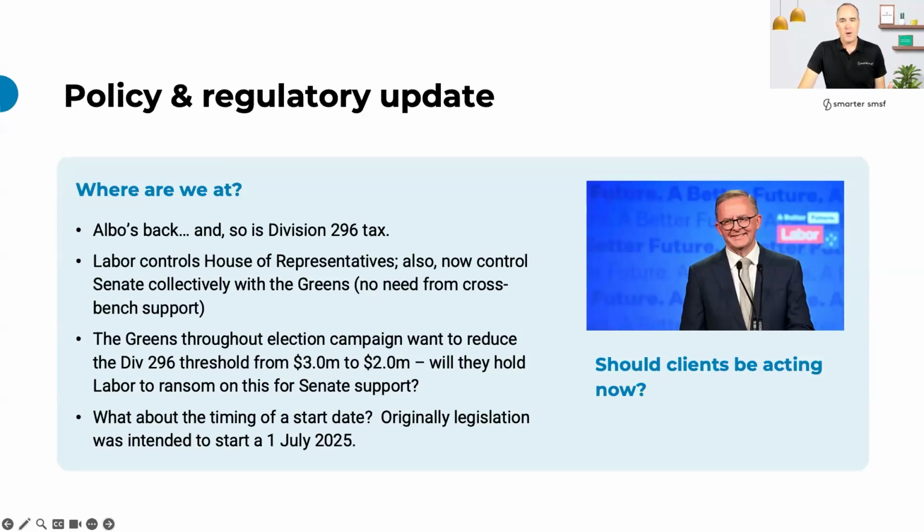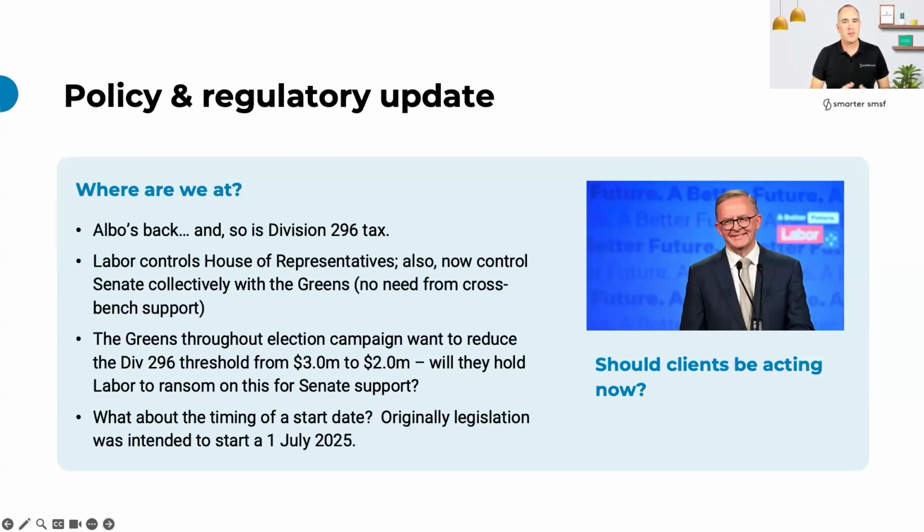The problem that we now have is that it was very clear in the way Labor was progressing with these measures, and the view that it was only going to impact 0.5 of 1% or 80,000 individuals. And they've banked this revenue already.